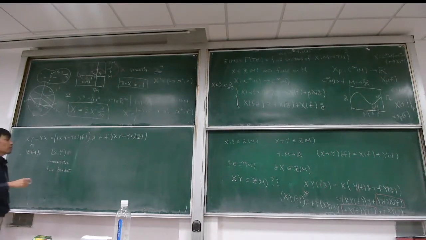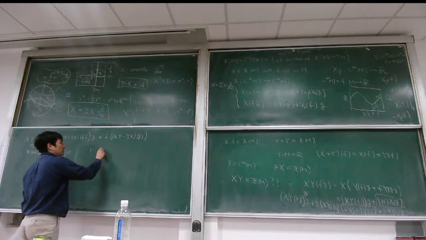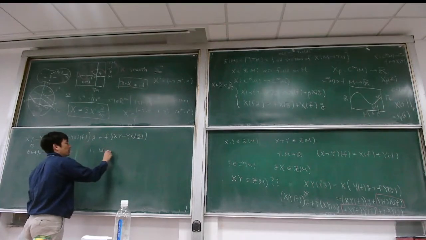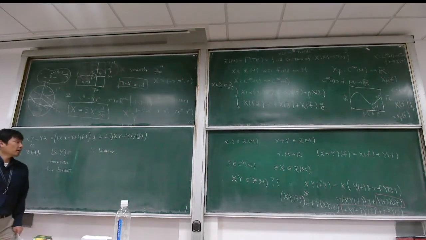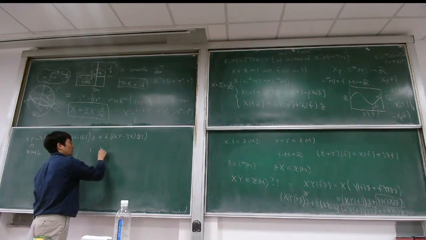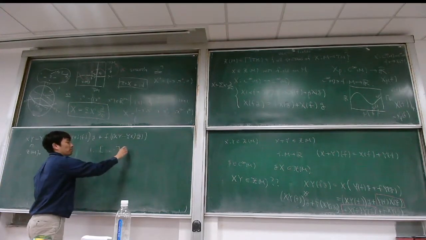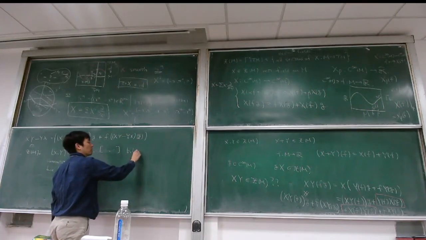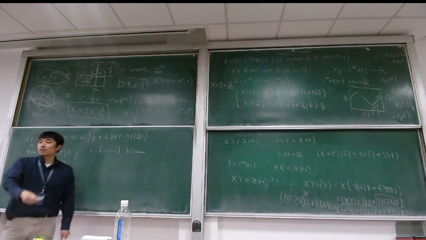It satisfies, first, that it is bilinear. What does bilinear mean? This Lie bracket is bilinear. Can you write down what bilinear means?